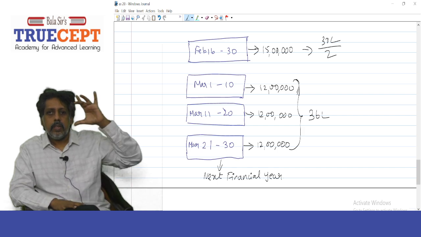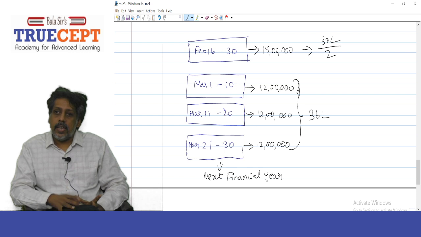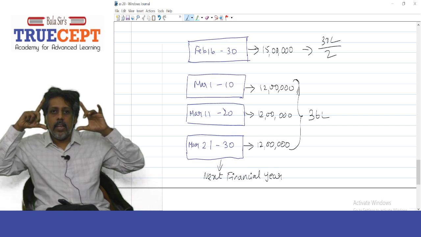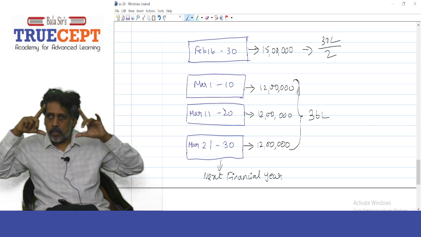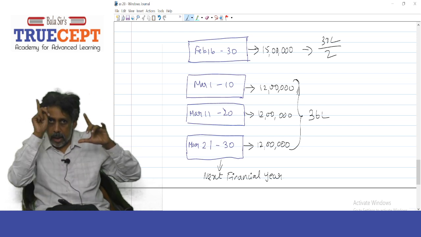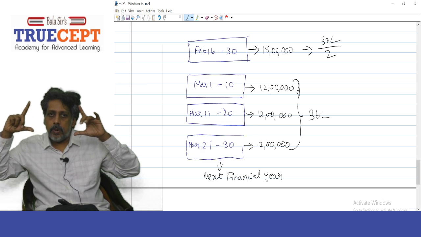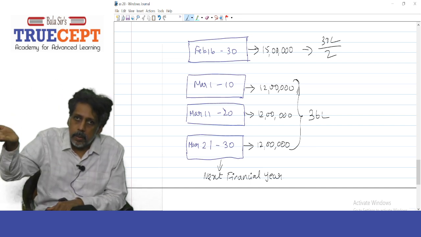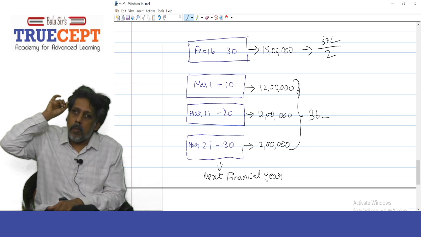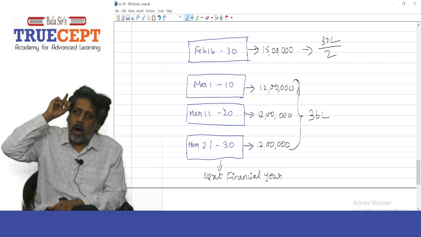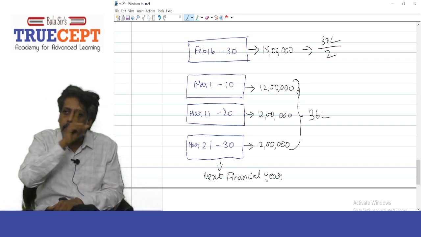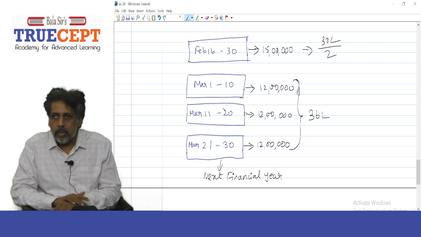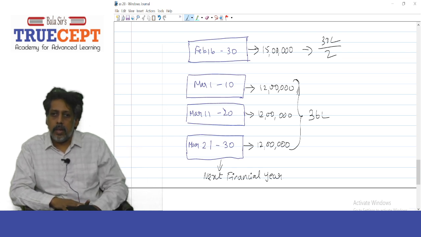Because when I calculate the percentage of returns for the next year, I'll take the sales made between 11th and 20th of March, 12 lakh, plus I will take even March 21 to 30. The reason is that even those goods will come in the next financial year. Basically, I am more bothered about what percentage of sales will be returned by the customers in the next financial year. So for that, I am supposed to make a provision.